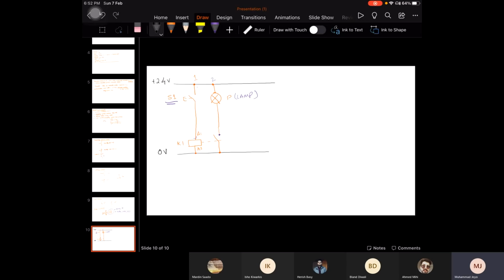This is one of the ways of developing the electrical diagram. The second way of defining this circuit is like this: this is the plus 24 volt line, and this is the 0 volt line, right? Again we have a switch S1, and one connected to ground.